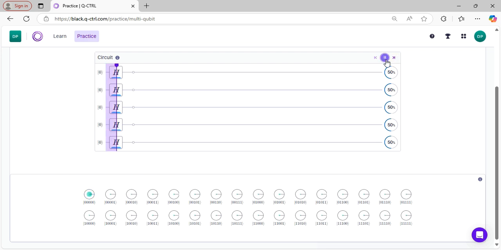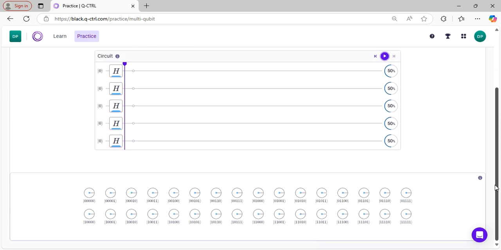The more states a quantum computer can be in, the faster it can compute, the faster it can calculate, the more powerful it can be, because it has more states in which it can perform calculations. And you see these little blue dots here? That means this quantum computer is now in 32 states in which it can calculate.